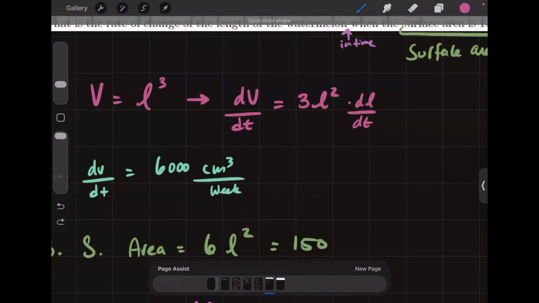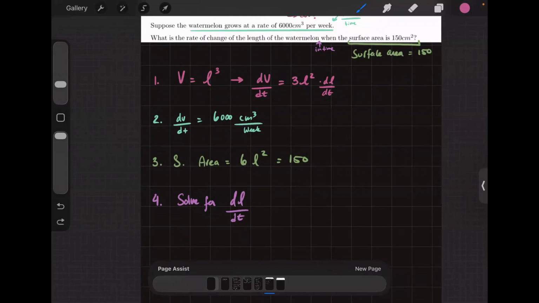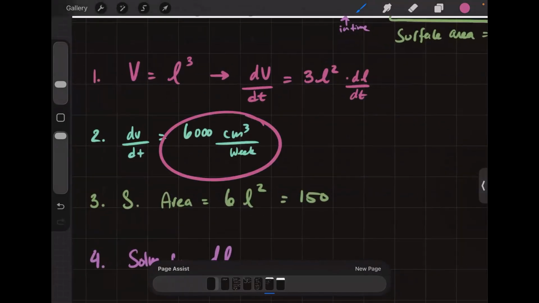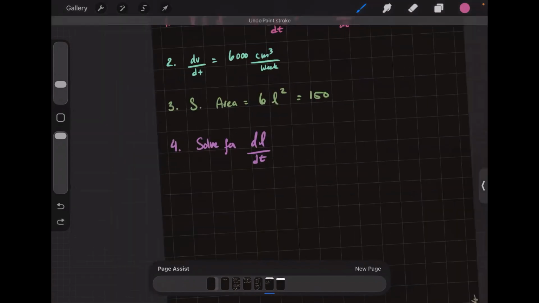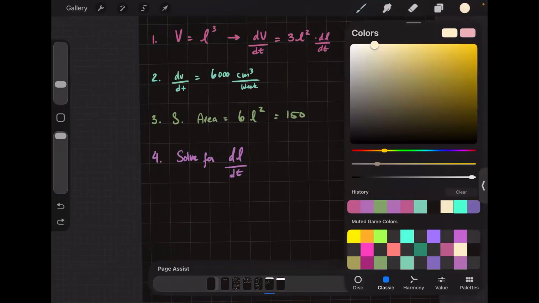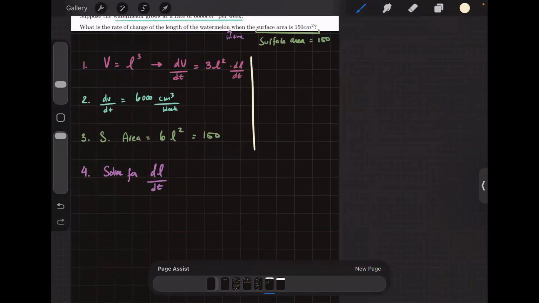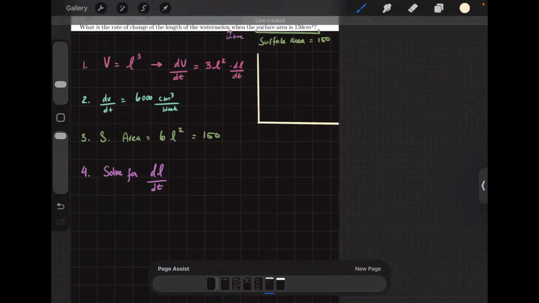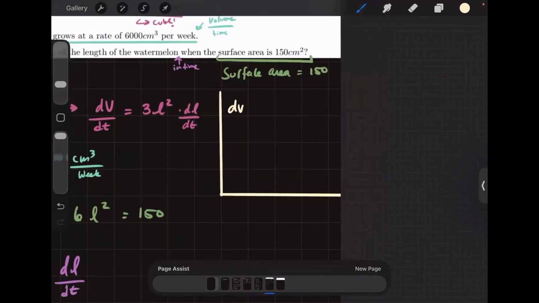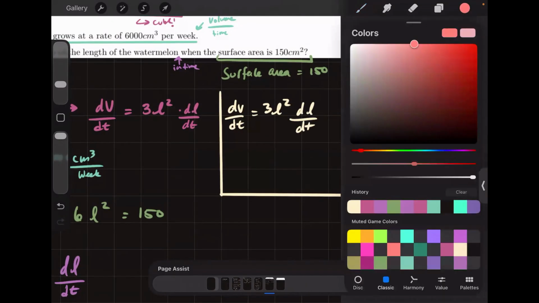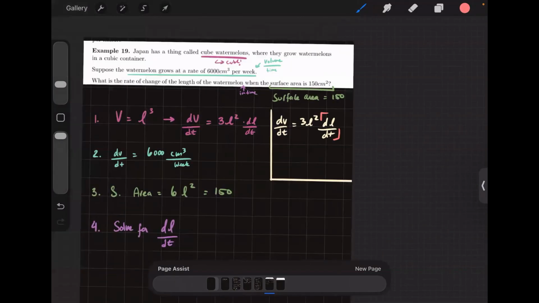You have this equation you're working on, and you're trying to solve for this. So, big picture, the equation goal is dV/dt is equal to 3L squared dL/dt. We want to solve for dL/dt.